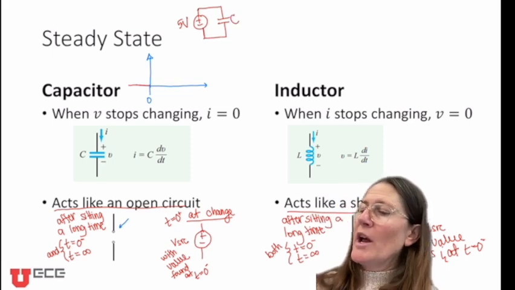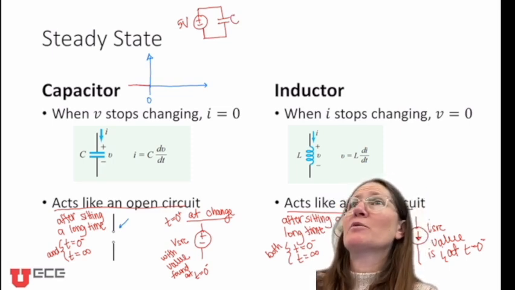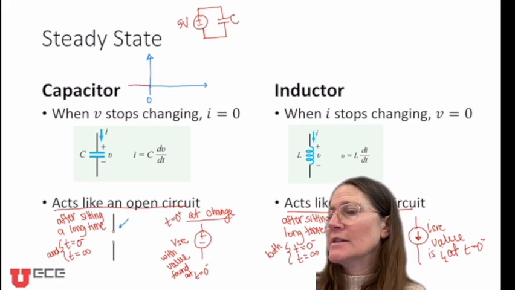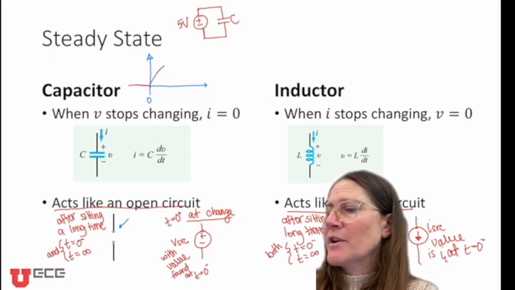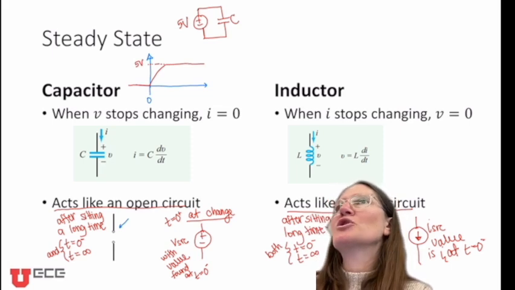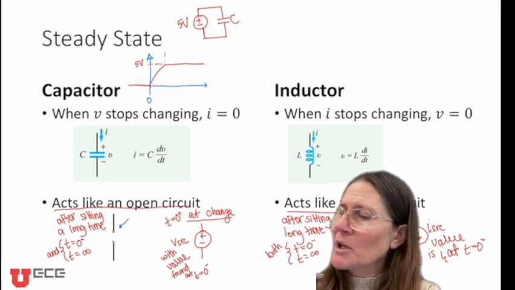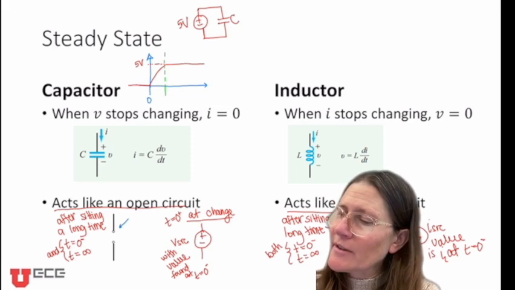So what happens here if we hook it right up to a 5-volt battery? It can't change to be 5 volts immediately, right? It takes a second to get up to 5 volts. And then there's not going to be any more change on it. So we call this time period a transient state.